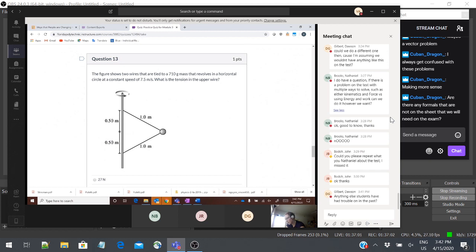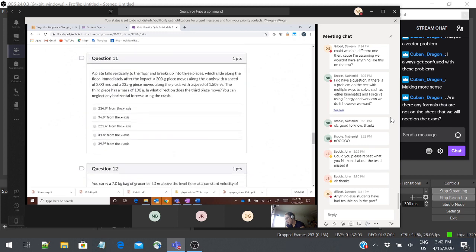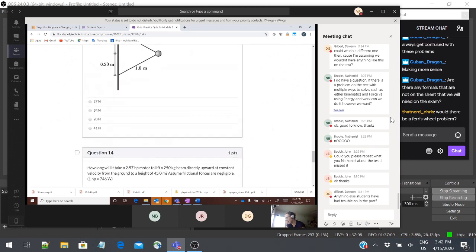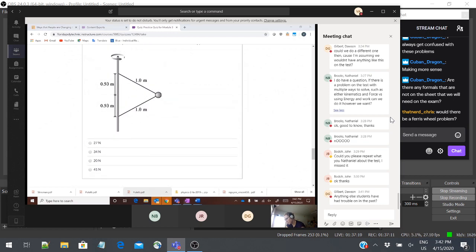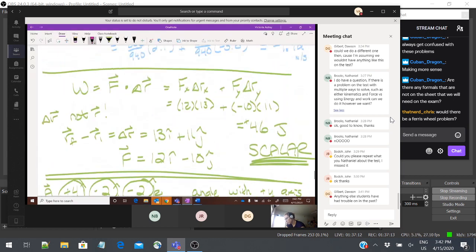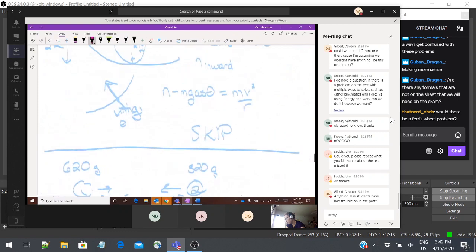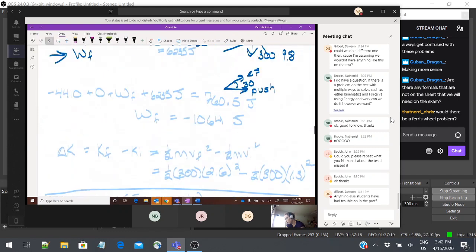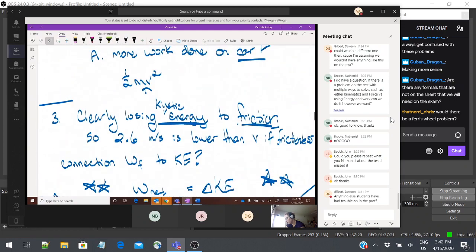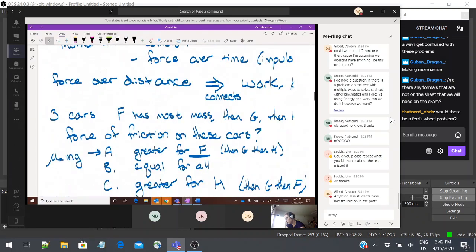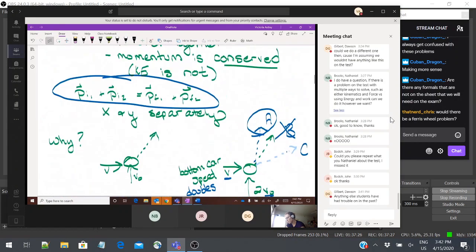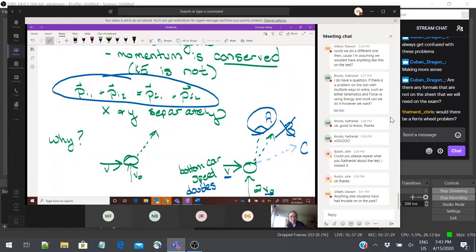I would say the momentum conservation one. It's not really an equation, but that concept. It's not on the formula sheet.